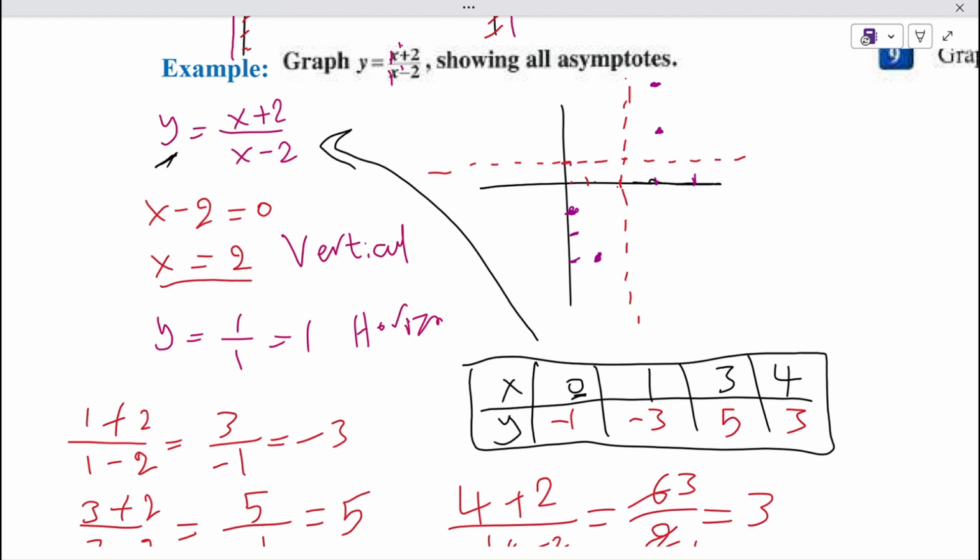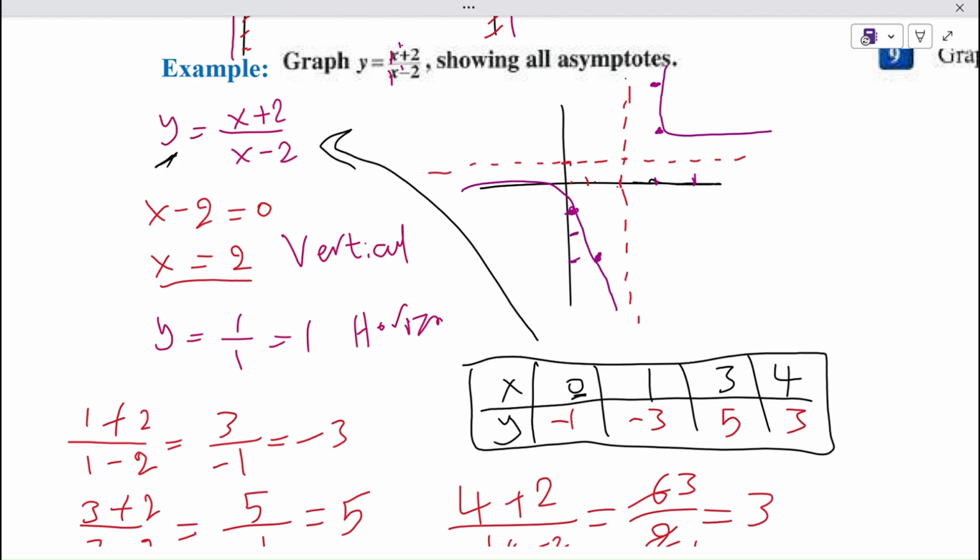This is a graph. I know this graph is not that nice, but it's okay. Just by taking more points, you can draw your graph nicely and in more detail.